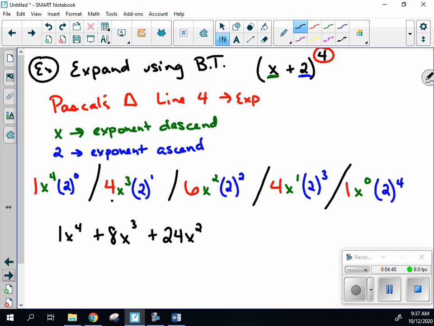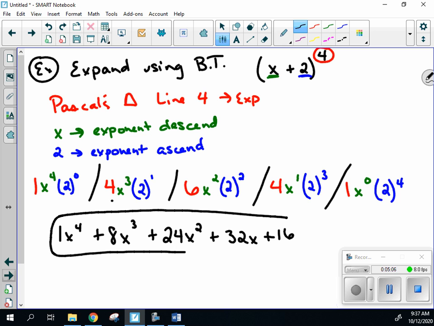My next term, I've got 2 cubed gives me 8. 8 times 4 gives me 32. I don't have to list it to the 1st power, so I'm just going to leave it there as a regular x. x to the 0 is 1, so I have 2 to the 4th gives me 16. I just now expanded this using the binomial theorem in Pascal's triangle.